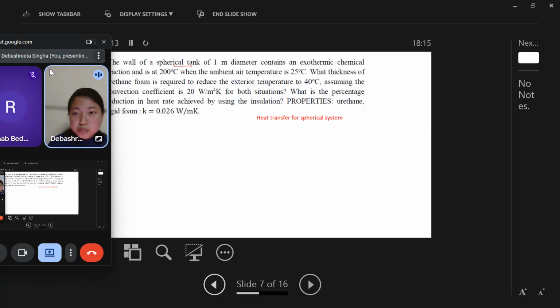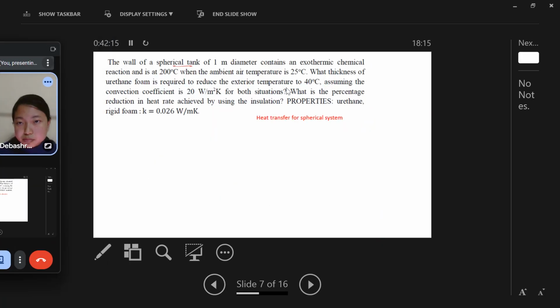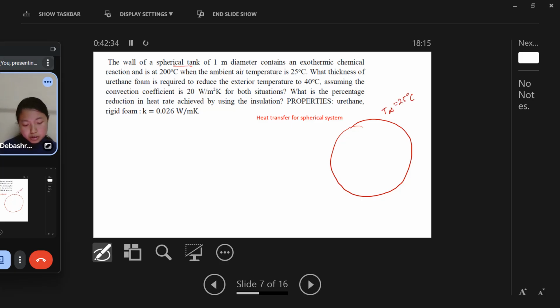So we'll go to this problem. The wall of a spherical tank of 1 meter diameter contains an exothermic chemical reaction and is at 200 degrees Celsius when the ambient air is at 25 degrees Celsius. What is the thickness of the urethane?